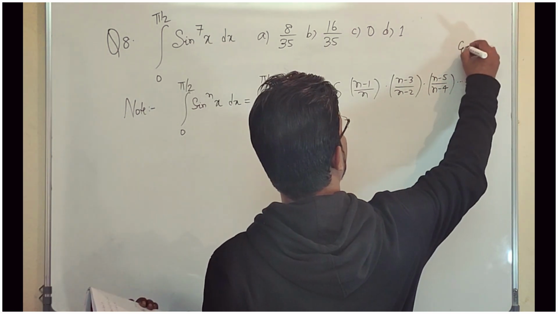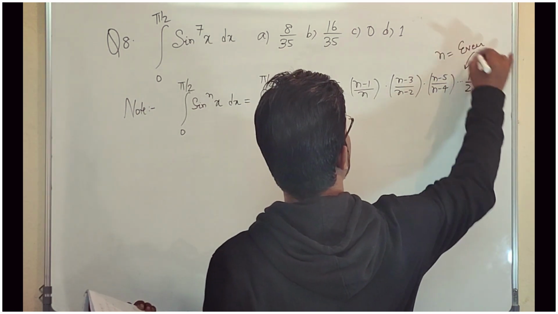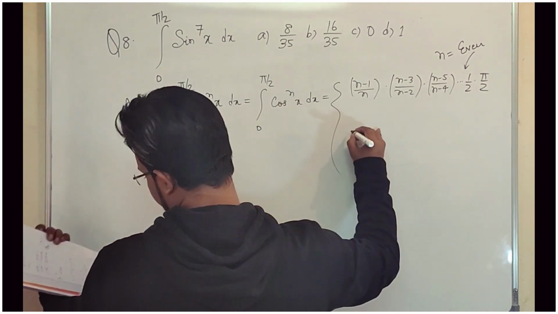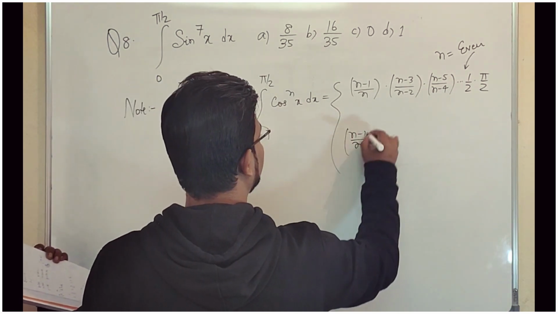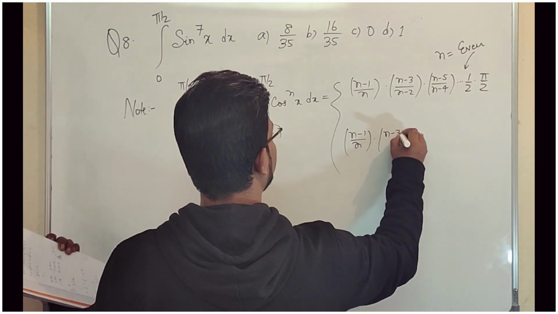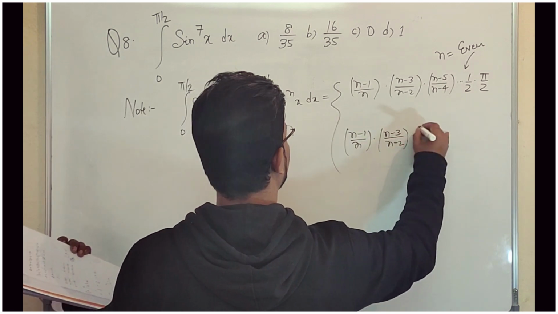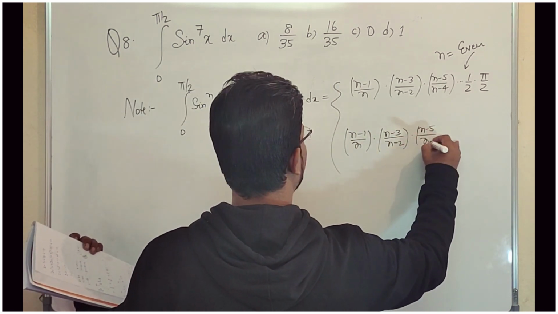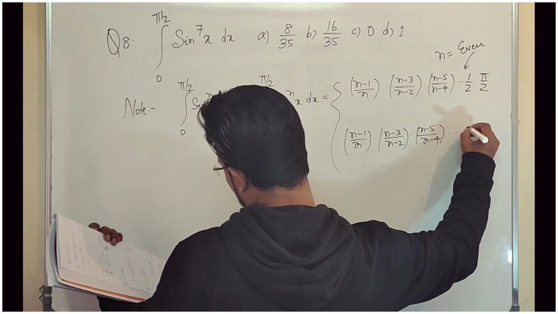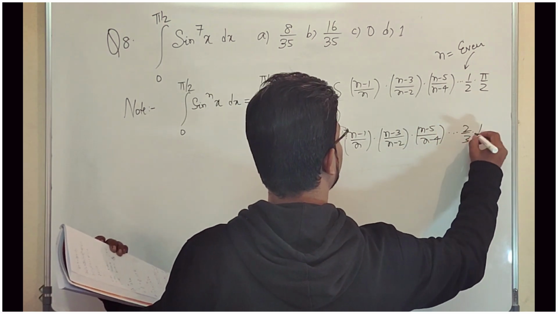This you have to apply when n is even, and then (n minus 1) by n multiplied with (n minus 3) by (n minus 2), (n minus 5) by (n minus 4), and this will go up till 2 by 3 multiplied with 1.